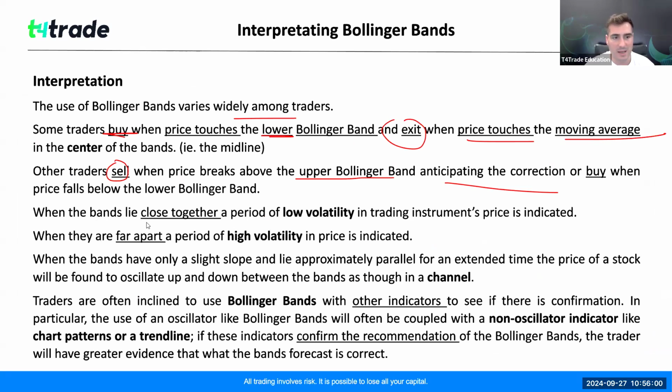When the bands lie close together, there is low volatility, and that is a very nice signal for you to be looking at, because after brief or maybe long periods of low volatility, something happens, and this is in a sense the precursor to catching the move early.